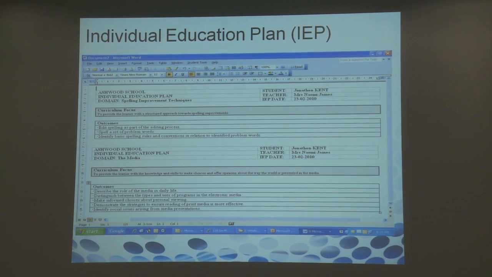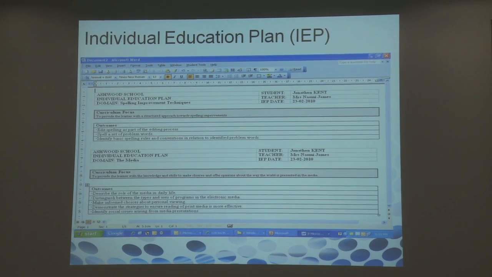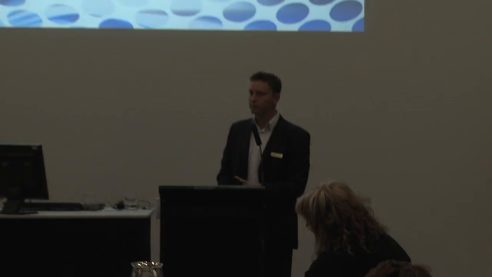We run through a framework of goals that we have from a data bank or from a course, but we also give the students the opportunity to talk about their intrapersonal learning. So it's not just your literacy or spelling improvement techniques or those sorts of things. It comes down to quite personal goal setting.